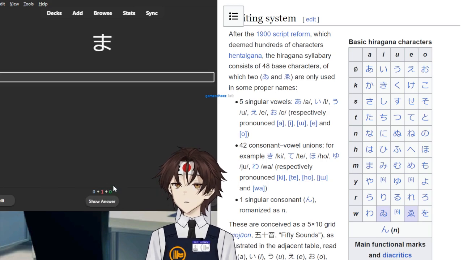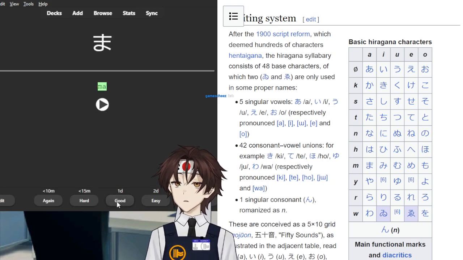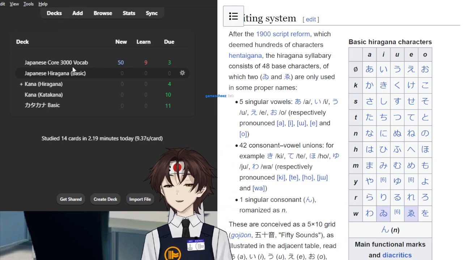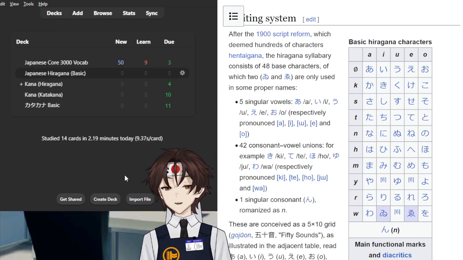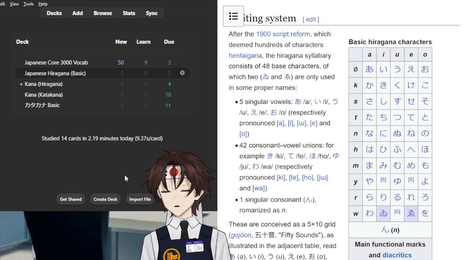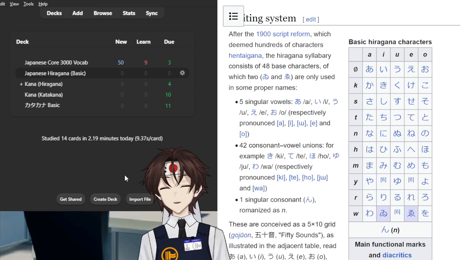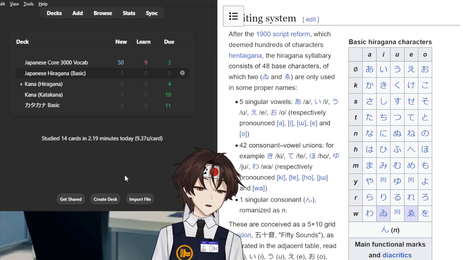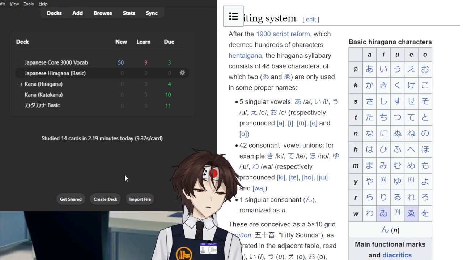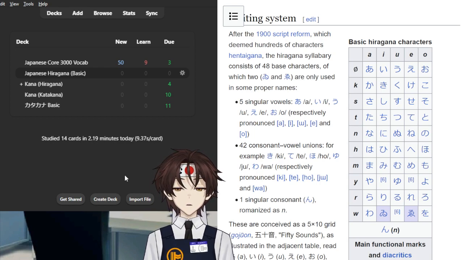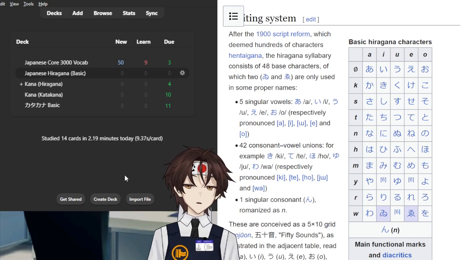Good, ma. Okay, yeah. It's just like a muscle: the less you use it, the, what was that saying, you don't use it, you lose it, kind of thing. That's basically what's happening here.